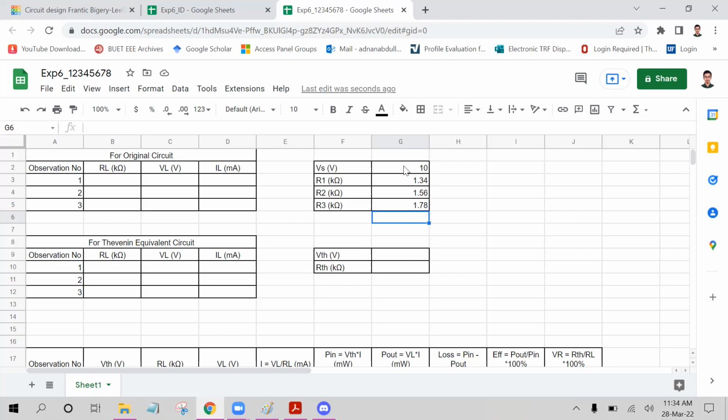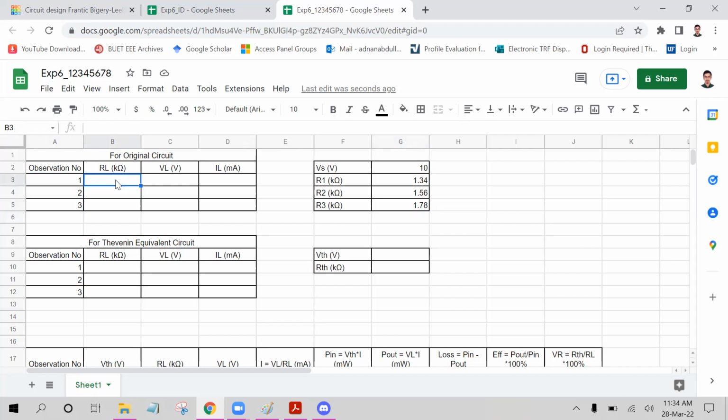Yes, sir. Now what we will do, we will take 3 observations. For each observation, we will set RL or the load resistor to a different value. Now we can actually take any value, whatever we want, just from 1 ohm to 1 kilo ohm or 1 mega ohm, anything. Now, just for simplicity, it's better if you all follow the same convention.